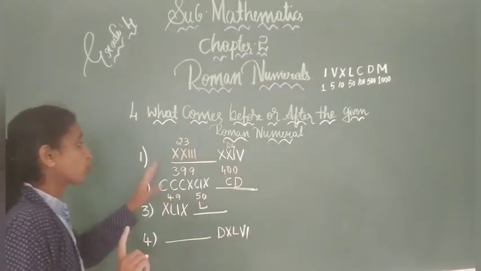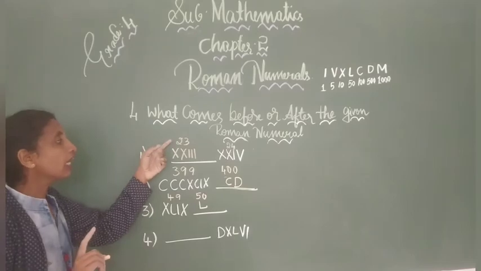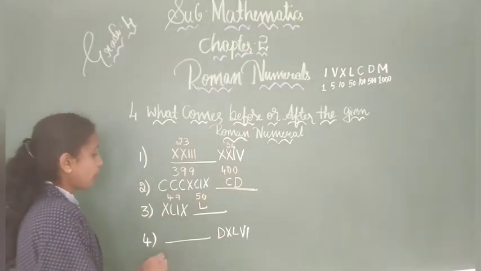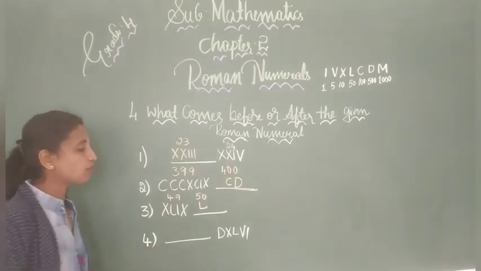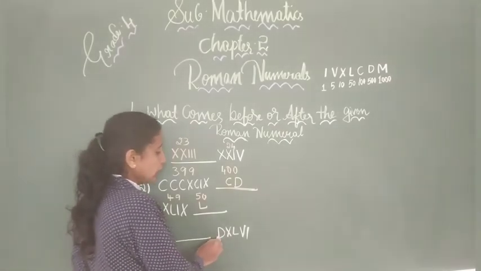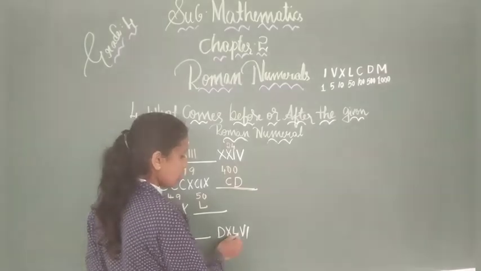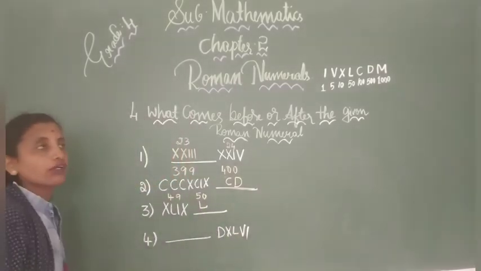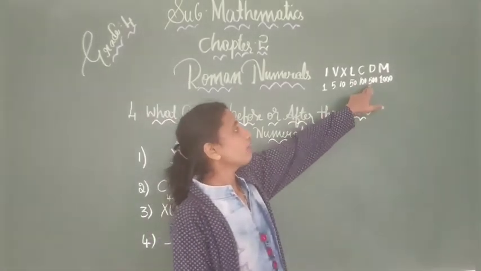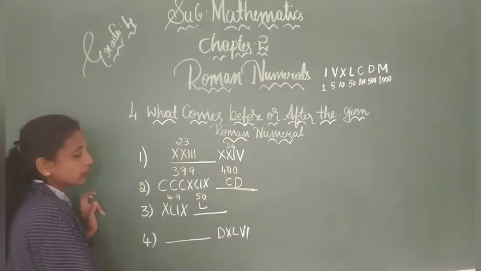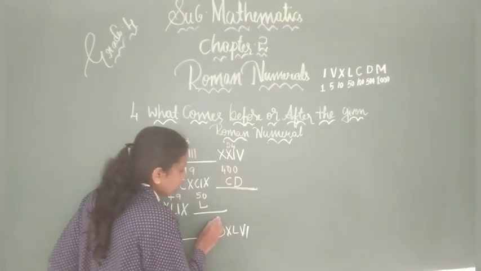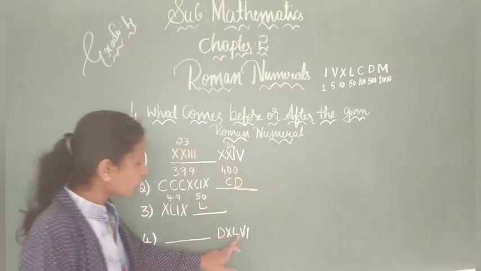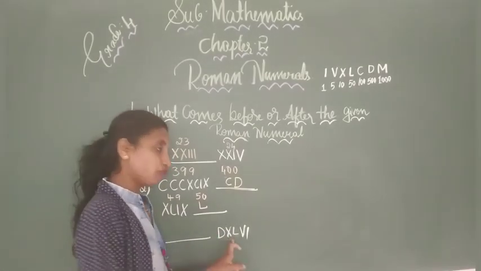Don't get confused, children. So we are writing both Indo-Arabic and Roman numerals. Next, here is one more example. DXLVI. D means what? 500. X means 10. L means 50. 50 minus 10 is 40.